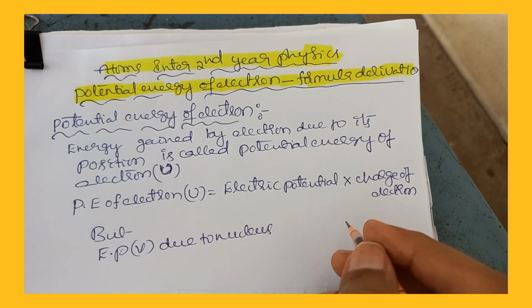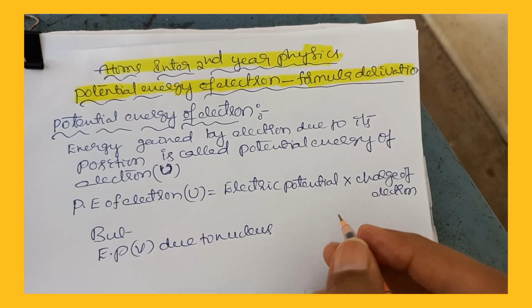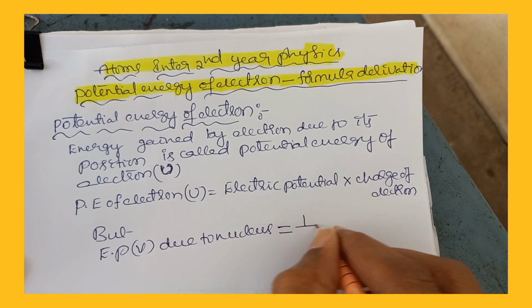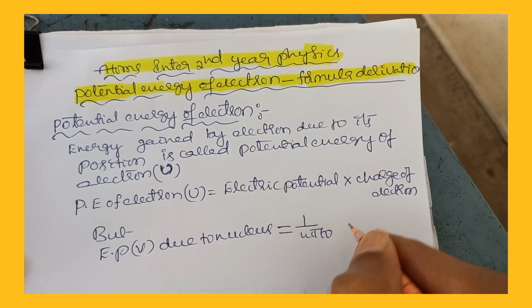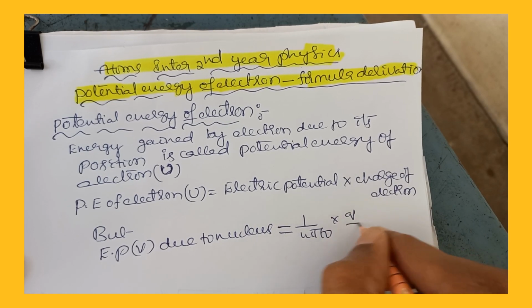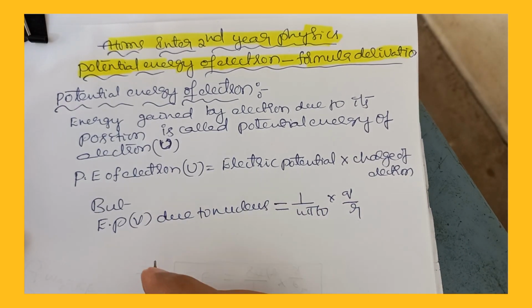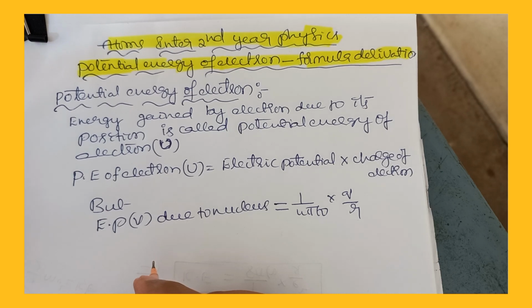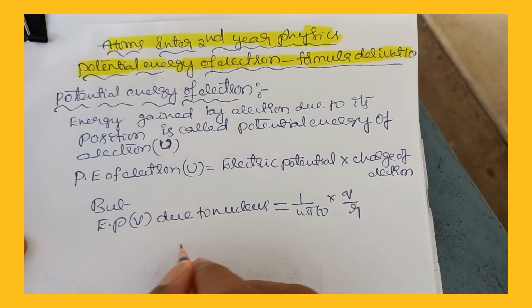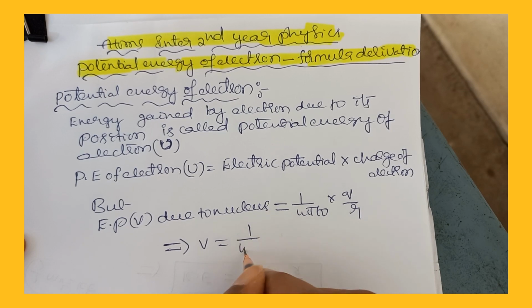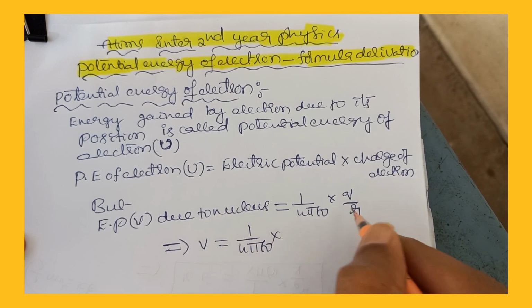But in electrostatic potential and capacitances, for electric potential we derived the formula 1 by 4 pi epsilon naught into Q by R. It is electric potential due to nucleus when electron is revolving around the nucleus in orbits. So this implies V is equals to 1 by 4 pi epsilon naught.